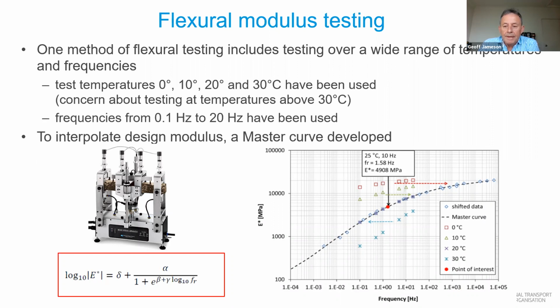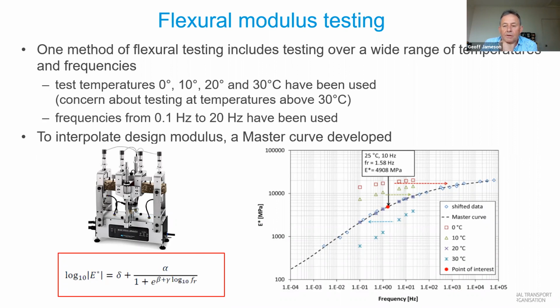Shown on the graph there are some modulus values that were measured at 4 temperatures of 0, 10, 20 and 30 degrees, and you can see the values at 0 are a lot greater than the values at 30 degrees, as we would expect. And the values also increase with frequency. The higher the frequency of loading, the higher the modulus.